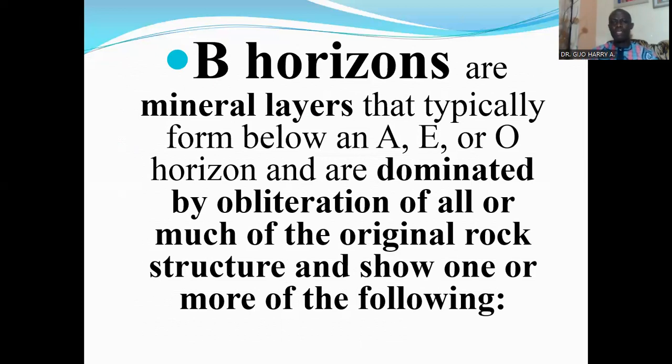So it can be below each of these horizons, but usually it is formed below the E horizon. In a soil that has all six horizons, it is formed below the E horizon, and it has the following features too.